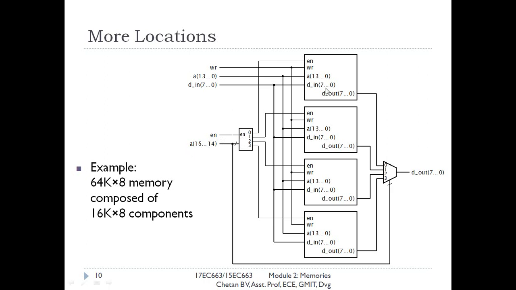For selecting an individual component, here n minus k, we have 2 bits, that is A15 and A14 in this example. So these are inputs for this 2 to 4 decoder, which will select individual memory components.